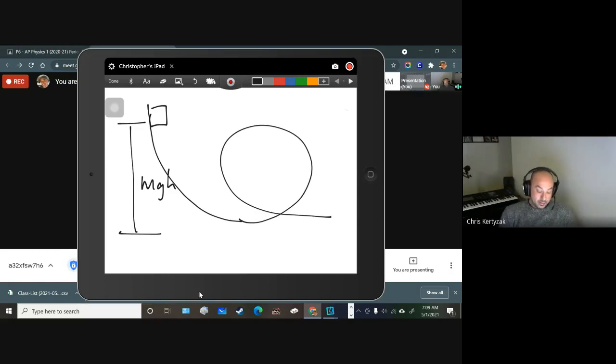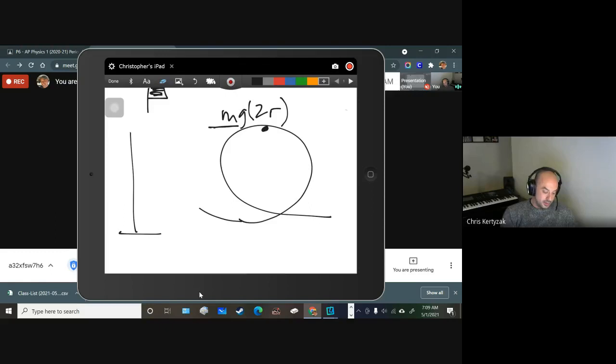So I want to point that out, that technically at this particular point here, you again would have some mg2r, and that's not good. This would have had to be shown starting higher than the top of the loop. So it's starting up here, let's say, and h goes all the way up to where it's starting, all the way at the top, all the way up here.